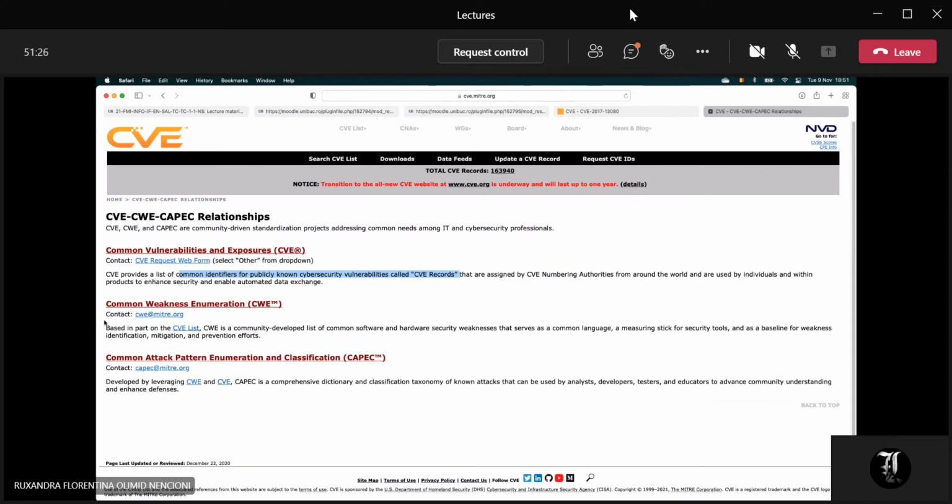Then somehow related, there's another one that is really interesting, and I use it quite often. Now I took this link also from a lab from the undergraduates. It's for general weaknesses that can impact different things, okay?